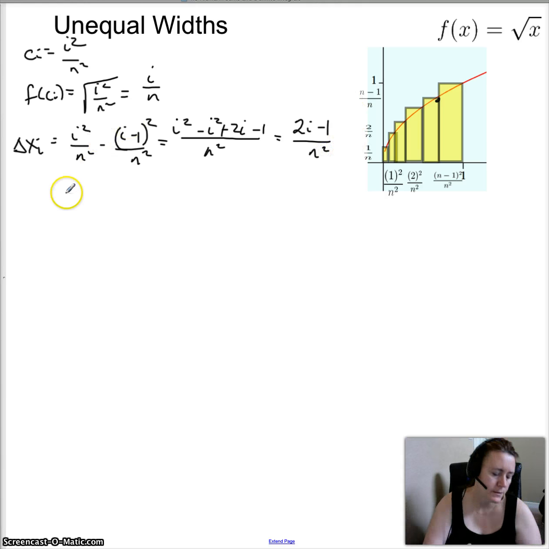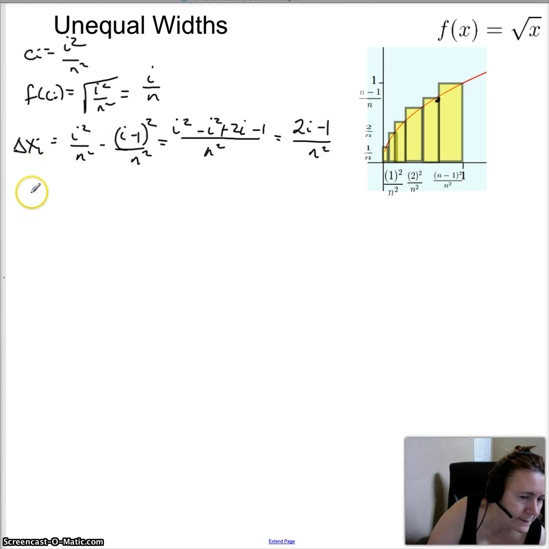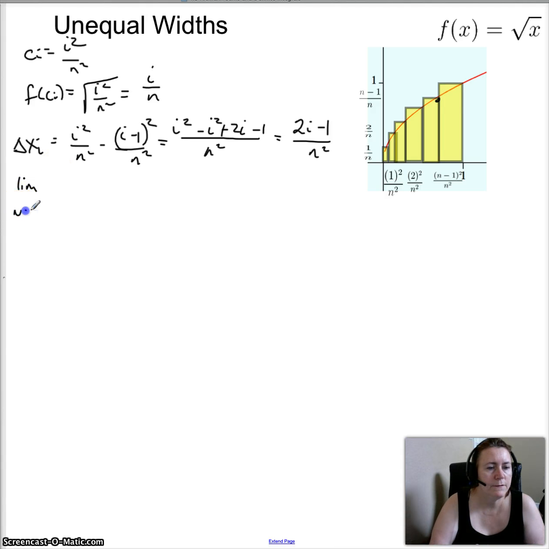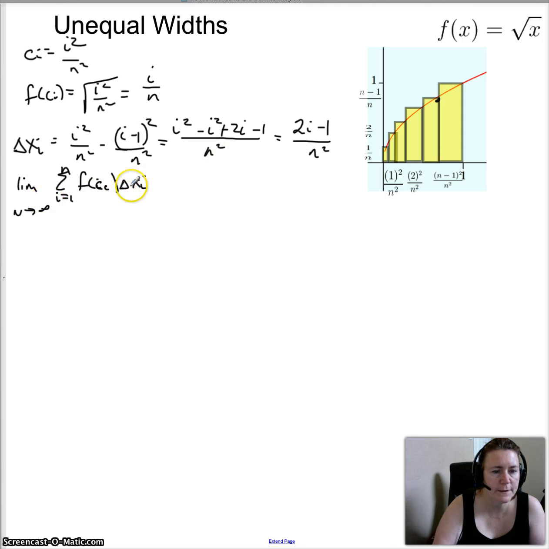Okay, so now we're going to take the limit as n goes to infinity of the summation from i equals 1 to n of f of c sub i times delta x sub i. All right, now let's just plug this in. This is the limit, and yes, I know this is a pain, but go and write it down.